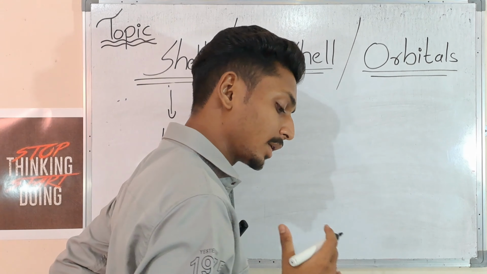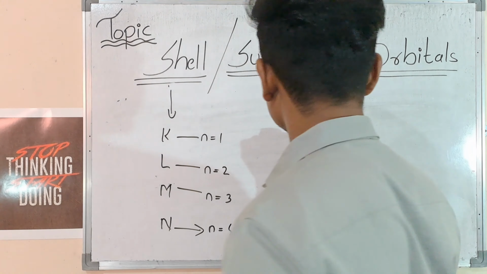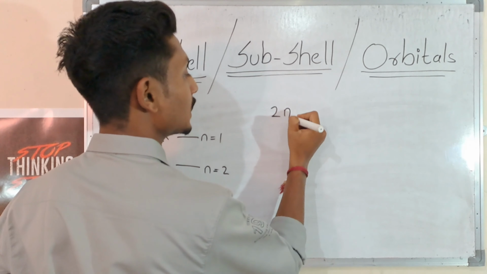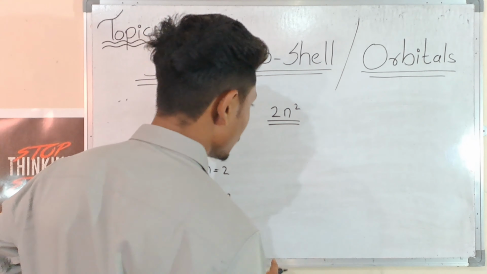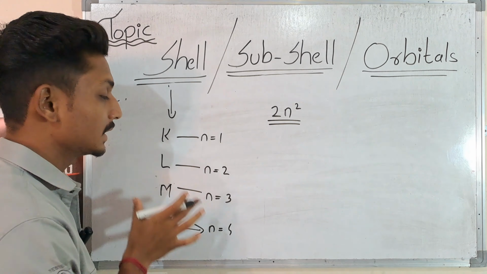The formula for calculating electrons in a shell is 2n square. By this formula, you can calculate the number of electrons in a shell.